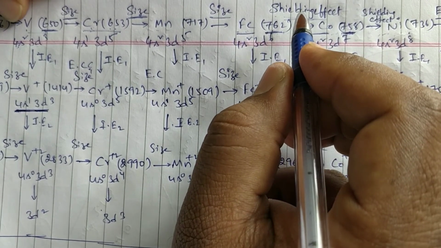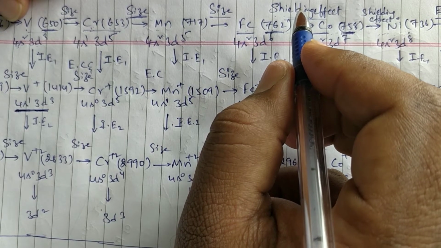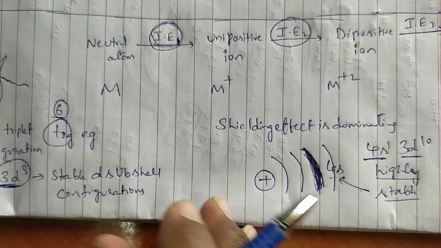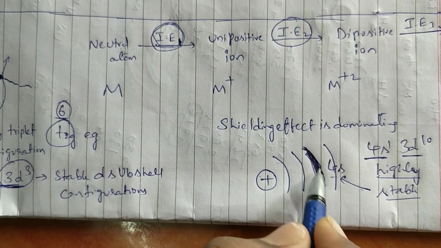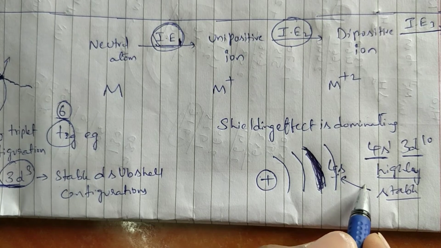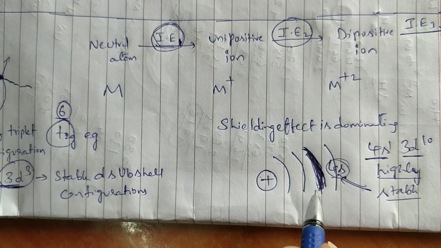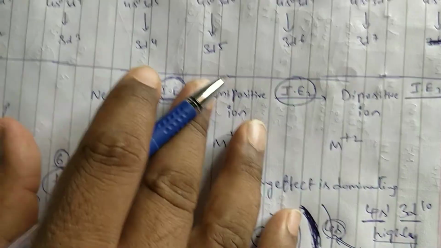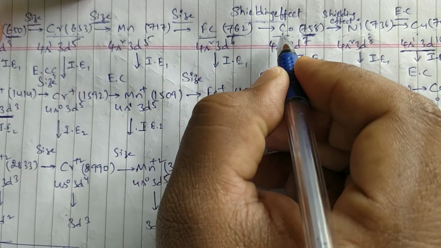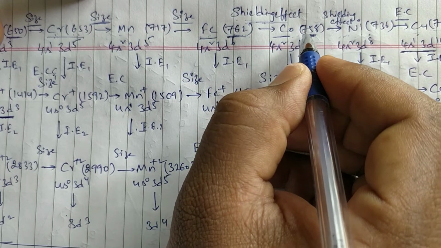When shielding effect is increased, outermost electrons are not under the influence of nucleus, so we can remove the electron easily from 4s. That's why from iron to cobalt, what happened to ionization energy? Decreases.